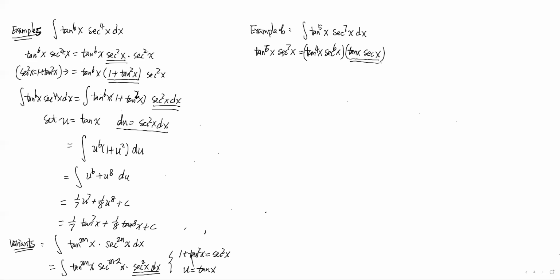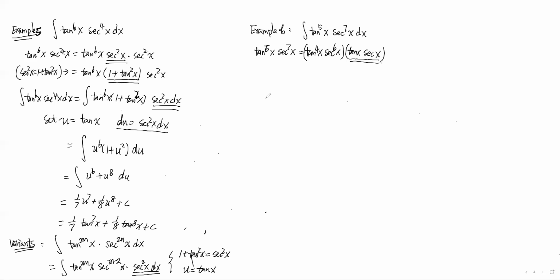So let's continue. Here, we write tangent 5 x secant 7 x as tangent power 4, secant power 6, and tangent x secant x dx.